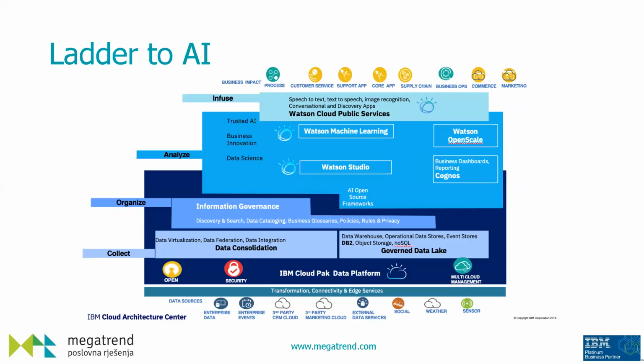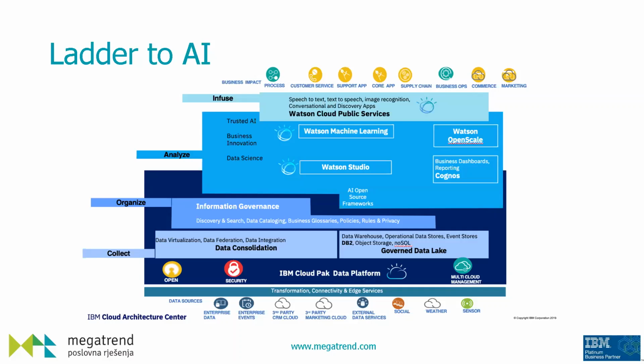Starting from the bottom up, we can use almost any data source, such as enterprise data, third-party clouds, sensors, weather, and social media, to ingest the data or virtualize the data and just read it with Cloud Pak for Data, to collect, then do the virtualization, federation, integration, and consolidate that data in the form we need.